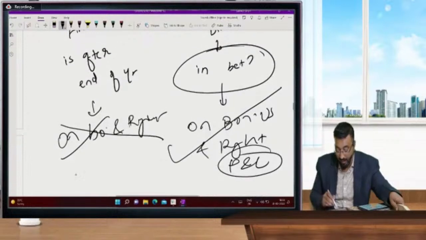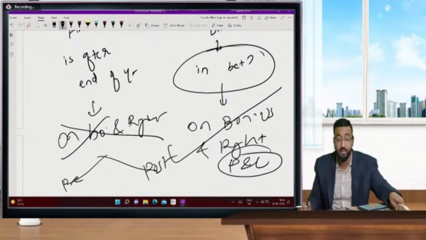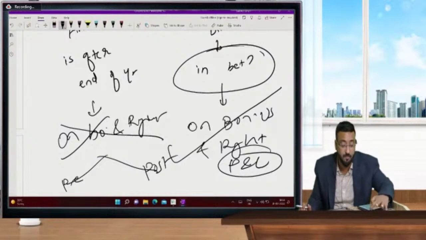Remember, and here it is divided in two parts, pre and post. Pre for shares which acquired after 31st March and post for shares which are from the very first day. Yes. Correct? Chalo.